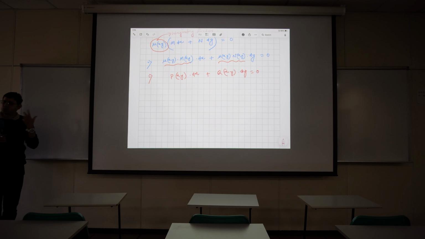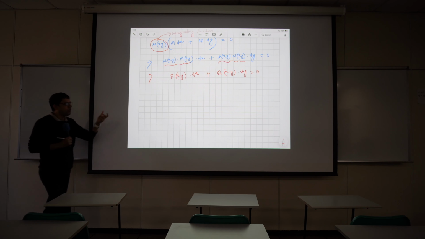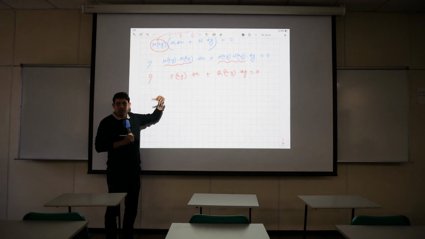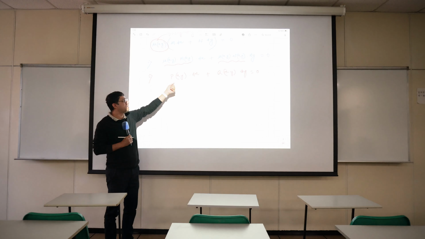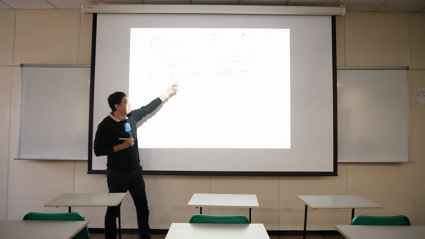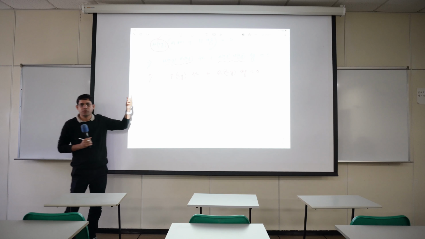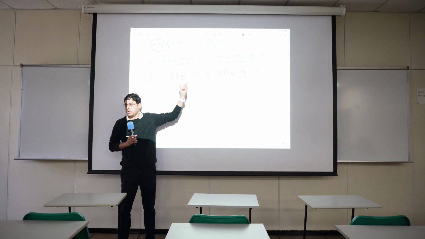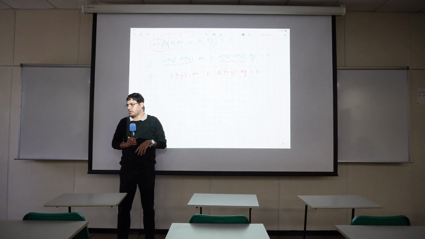Now we have to choose that mu in such a way that when we rewrite the equation in this form, P dx plus Q dy is equal to 0, this is our new ODE. This ODE has to be an exact ODE.